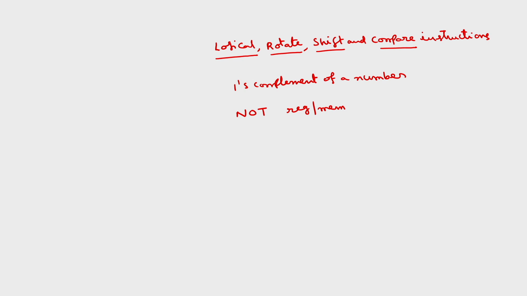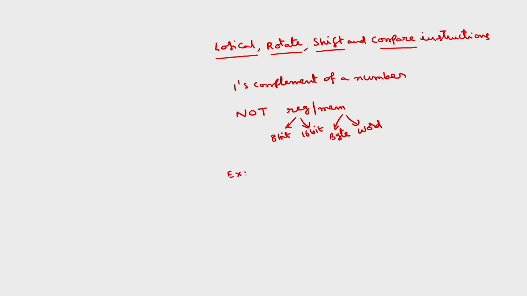This register can be either 8-bit or 16-bit, memory can be byte or word. Byte means 8-bit, word means 16-bit. Whatever register or memory we specify in the instruction, the 1's complement of that will be evaluated and stored back into that same register or memory.